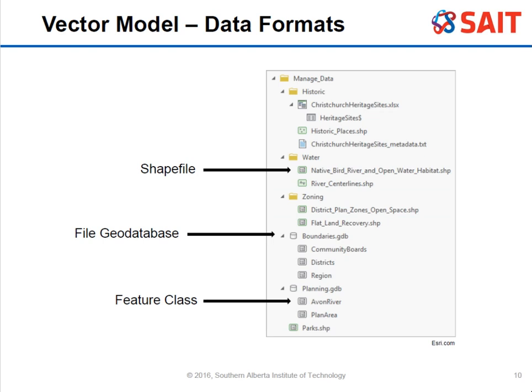So if we're in ArcGIS and we're looking at a project, we're going to see something that looks like this. So you can see here that we have folders, and in the folders we have data that's within there. So for example, we have a shapefile that's showing right here, and that's showing that it is a polygon. These little dots, 3 dots here, that's showing as a point, and you can see this SHP at the end that represents a shapefile.